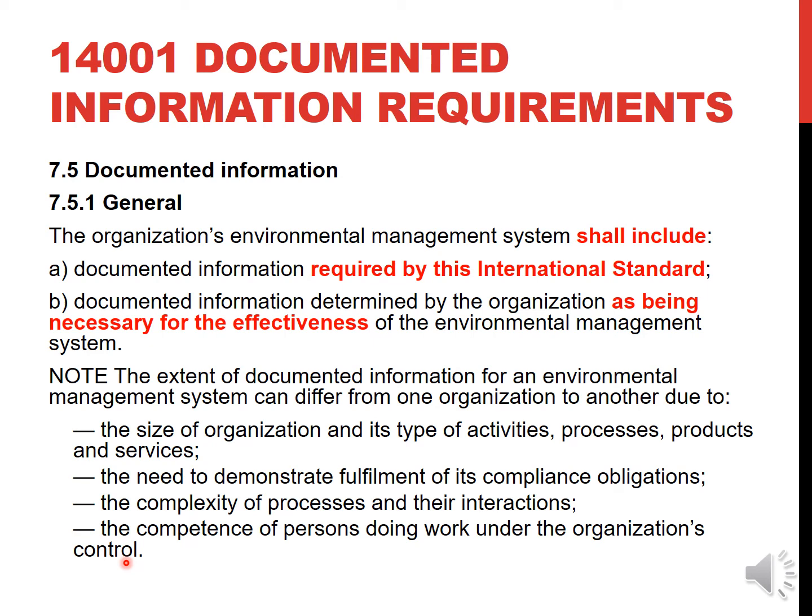It becomes very difficult to manage. The 2015 revision has cut back. As I said, there's basically 18 types of procedures and records that are required, and those in addition to that are defined by management as being necessary are also required. So there's quite a bit of flexibility here.